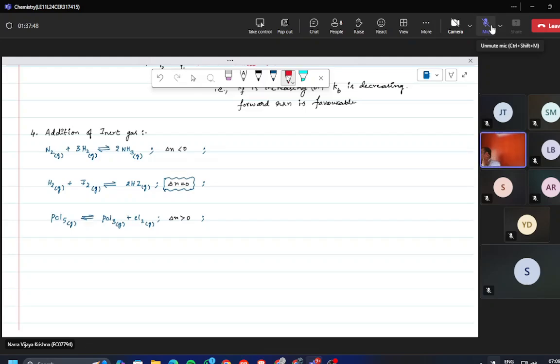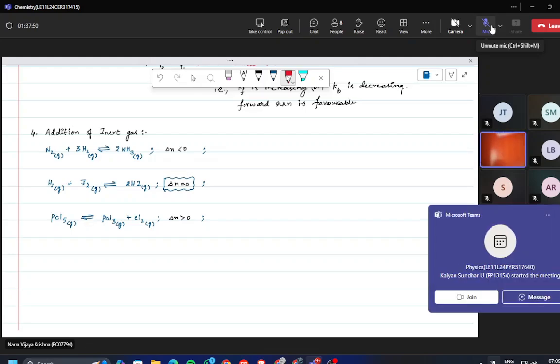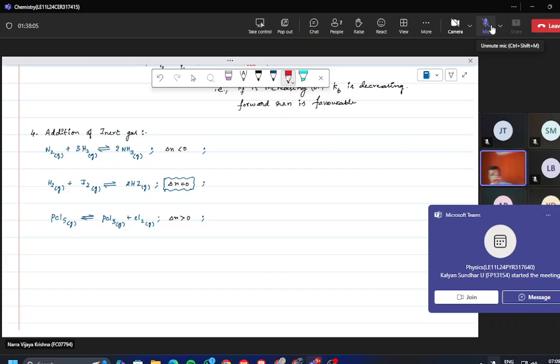I am adding inert gas, right? When I am adding something to the equilibrium, what happens to the volume of the vessel, if I keep the pressure constant? I am adding inert gas now. If I am adding inert gas and I don't want to change pressure, then what should happen to the volume of the vessel?